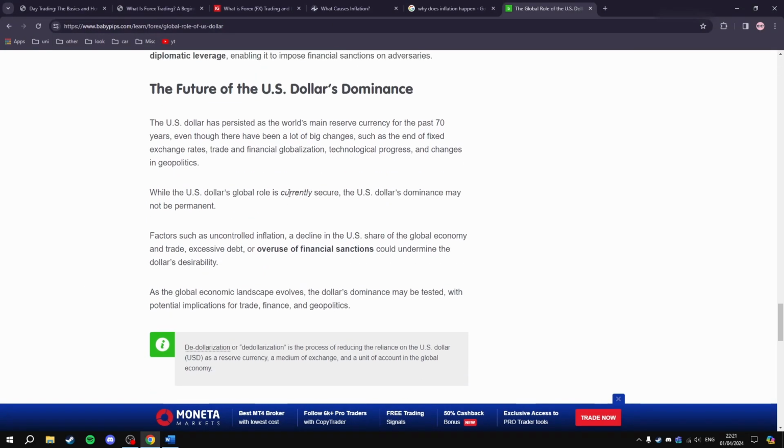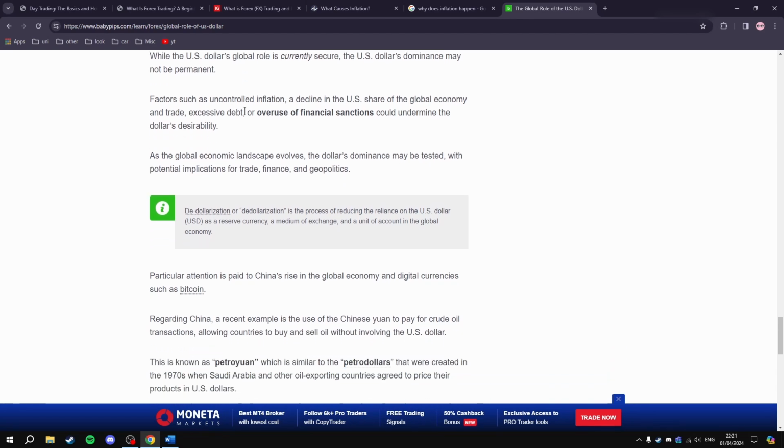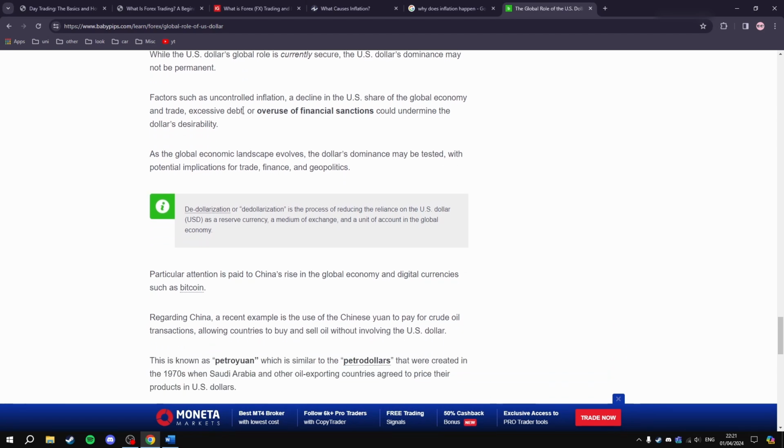The future of the US dollar's dominance. The US dollar has persisted as the world's main reserve currency for the past 70 years, even though there have been a lot of big changes such as the end of fixed exchange rates, trade and financial globalization, technological progress, and changes in geopolitics. While the US dollar's global role is currently secure, its dominance may not be permanent.